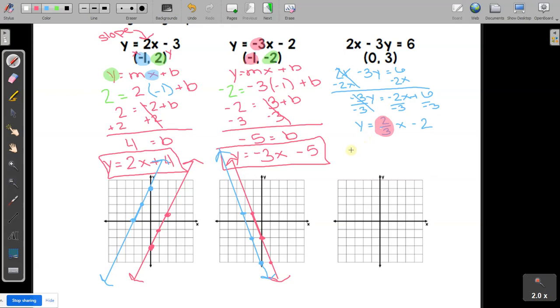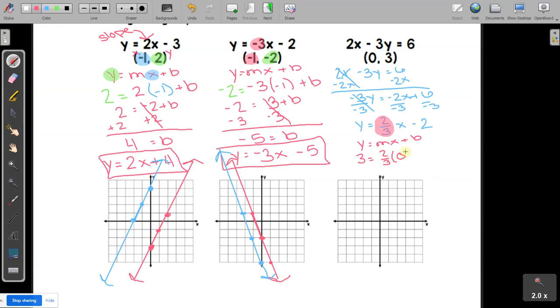So now let's find our b when we're given our point and our slope. So we have y equals mx plus b, and our y is 3. Our slope is 2/3.